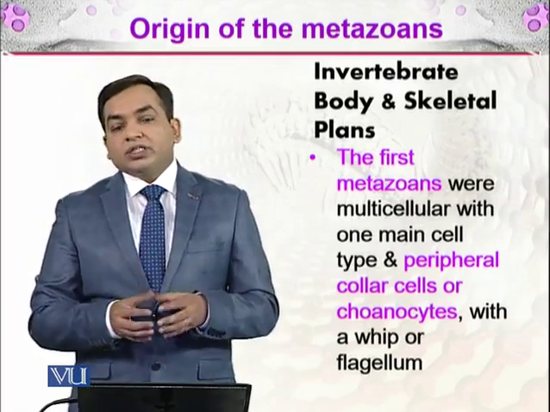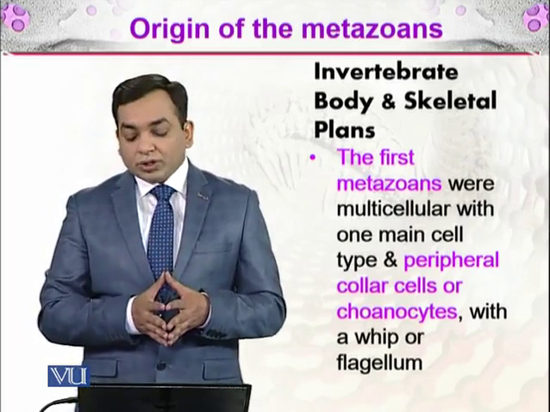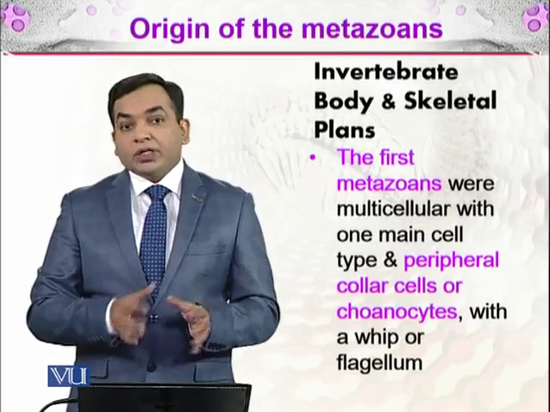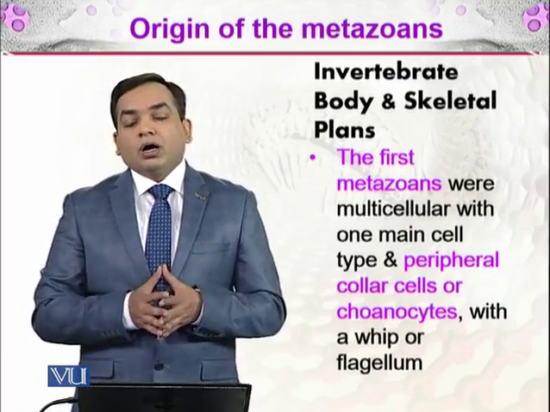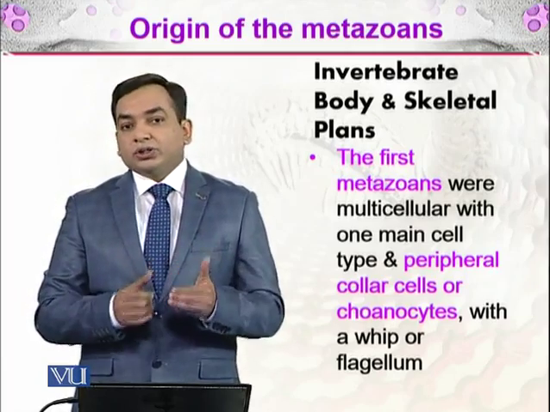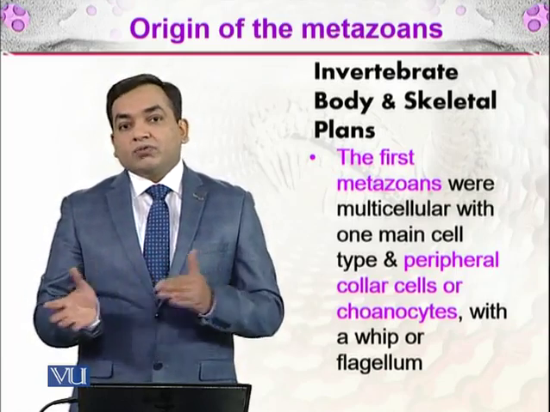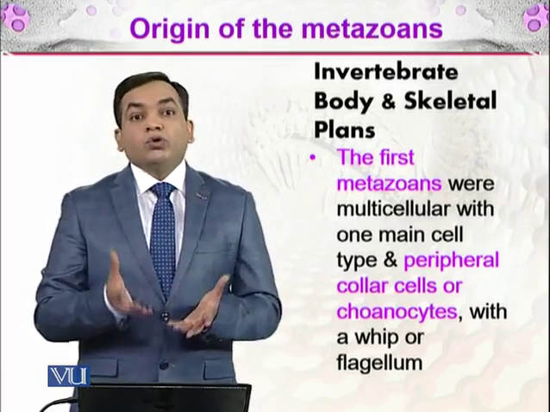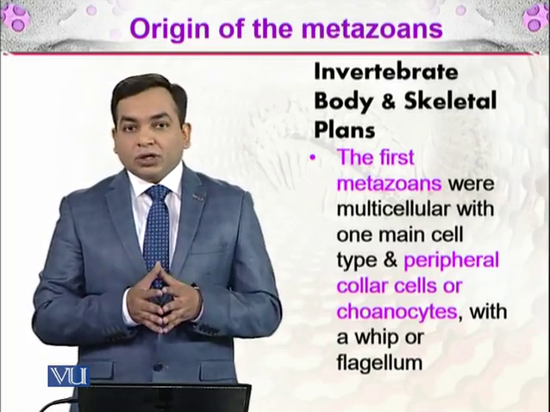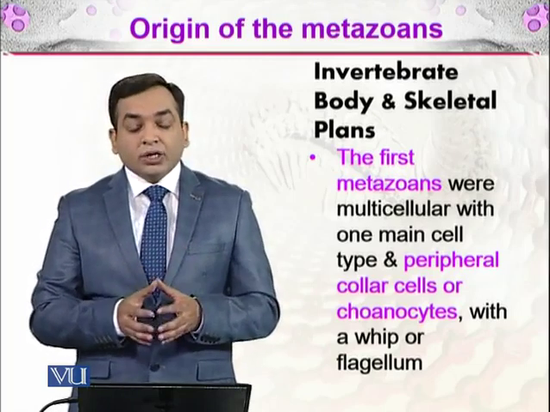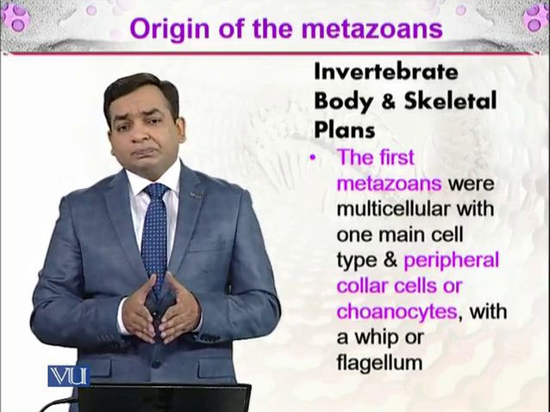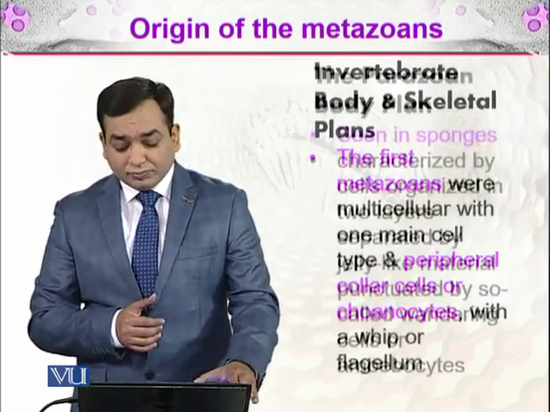These collar cells contained a specialized structure, which was the flagellum or whip, right? So it might have its own characteristics or functions. In today's sponges, this structure is responsible for food delivery or the maintenance of the currents of water through the structure of the sponges.